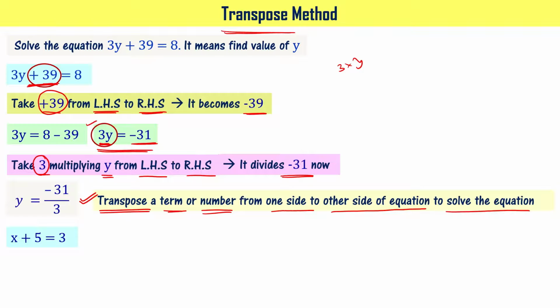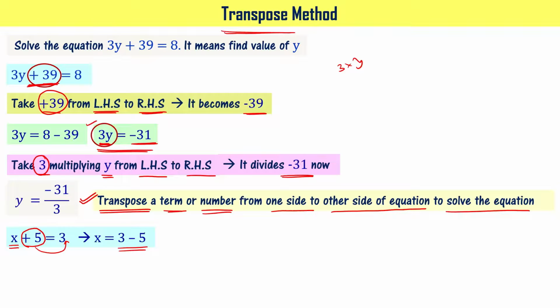Now look at this equation. x plus 5 equal to 3 is there, right? If you want to get the value of x, you would be transposing plus 5 from left hand side to right hand side, right? When you do that, it becomes minus 5. So it can be written as x equal to 3 minus 5.